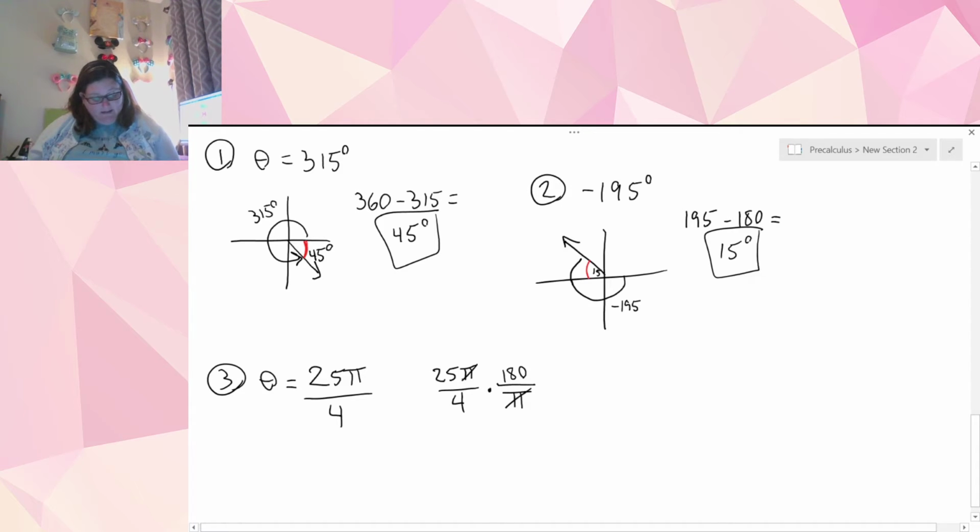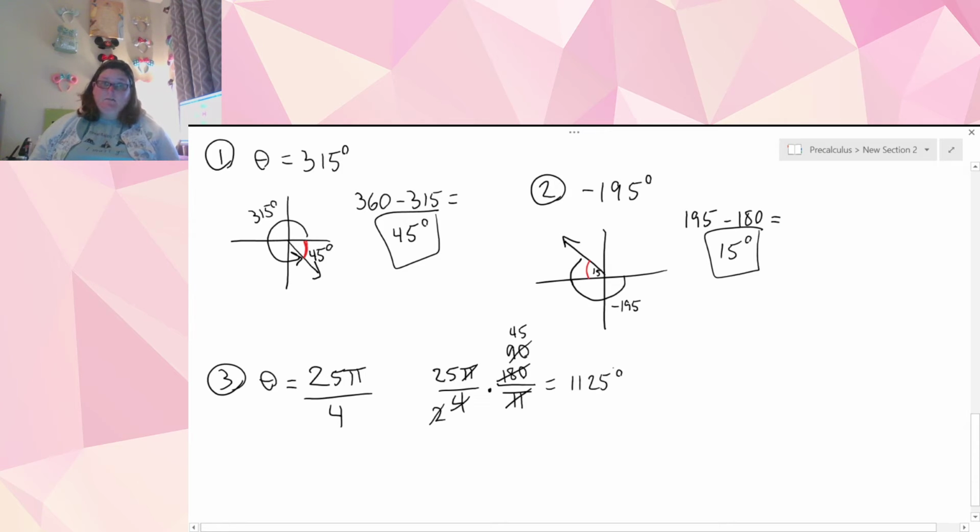So the pi's cancel out. 2 goes into 4 2 times, and 2 goes into 180 90 times. Then 2 goes into 2 1 time, and 2 goes into 90 45 times. So we're going to do 25 times 45, which is 1125. So that's my angle.